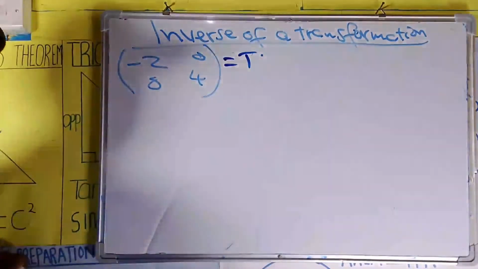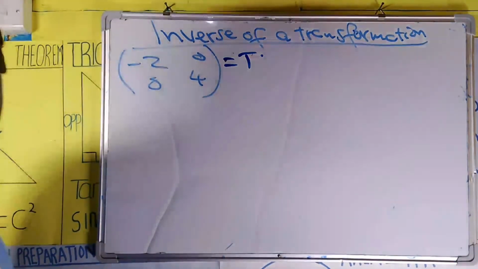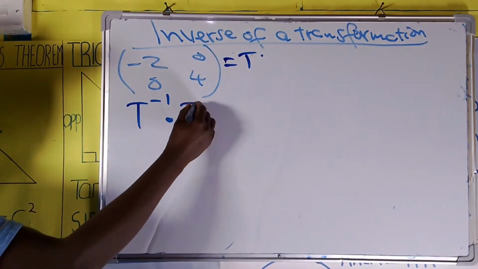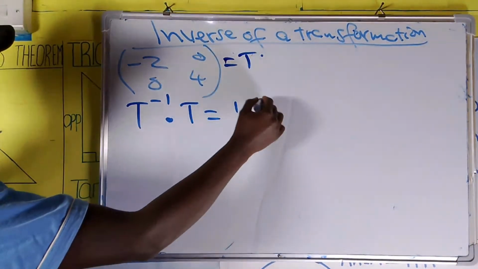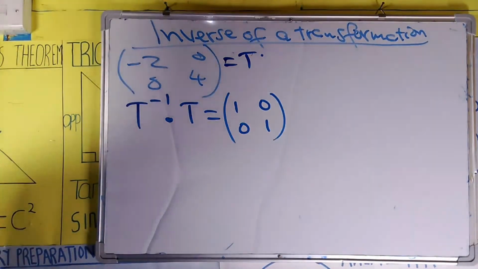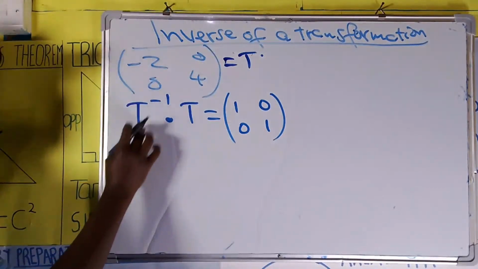So tukisema tuende na ya form 4, tutasema T inverse times T should give us identity. Na identity matrix tulisema ni 1 0 0 1. Kwa hivyo hatuna T inverse.